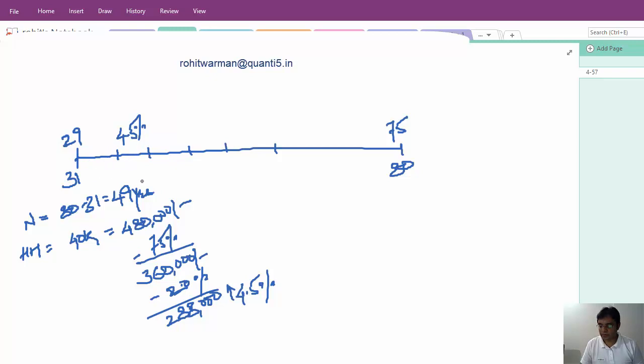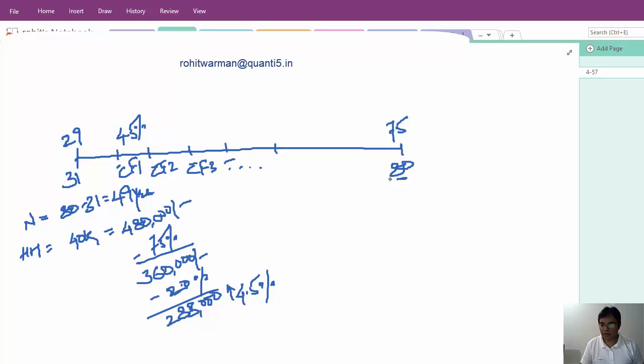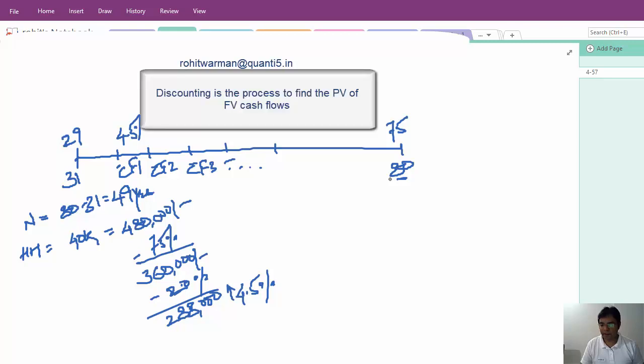As of now it is 2,88,000, which next year will be 288 plus 4.5%, and so on. I'll put the cash flow for the first year, the second year, the third year, and so on till Angela's life.